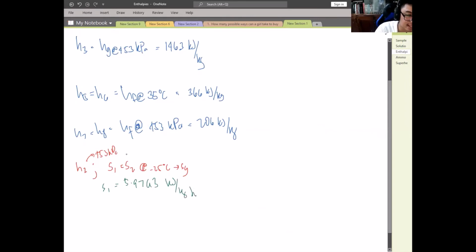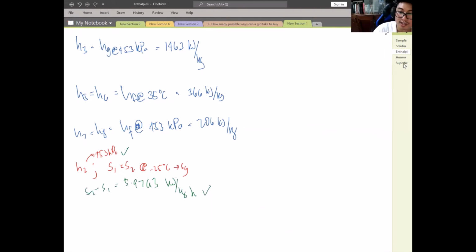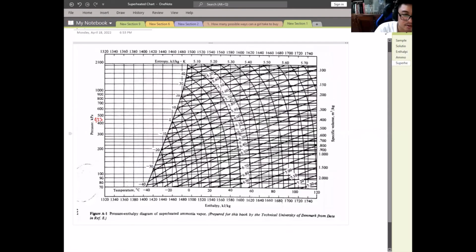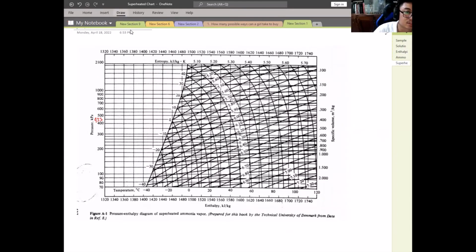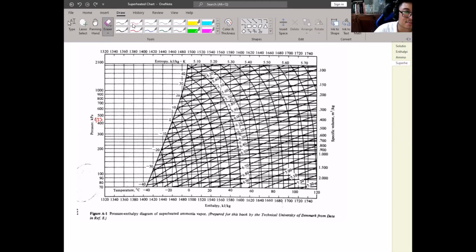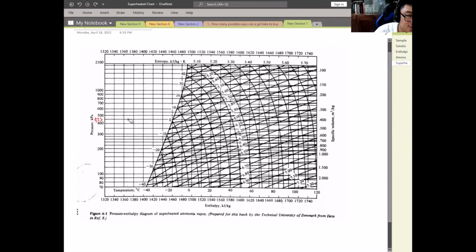So this is the data we will use, 453 and 5.9763 for the superheated region. Where is it? I erased it, sorry. Here it is, 453. So let's plot 453. Let's assume this straight line is 453.